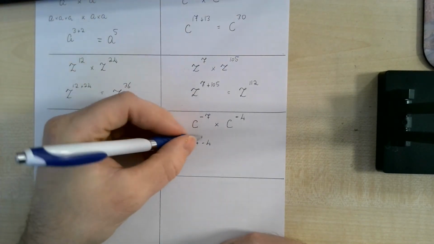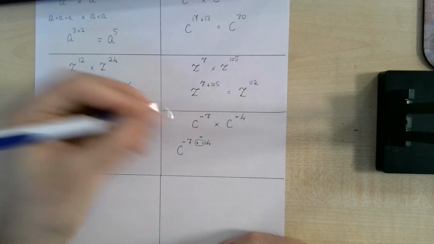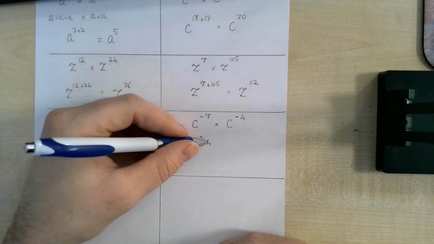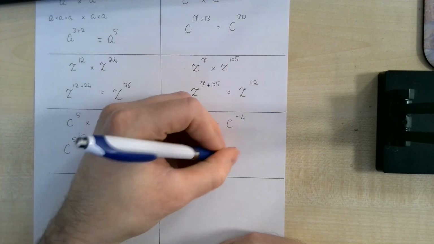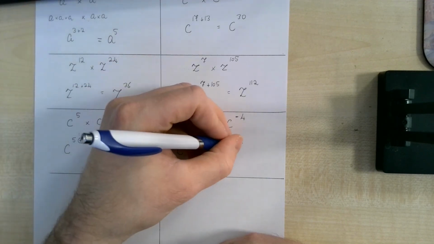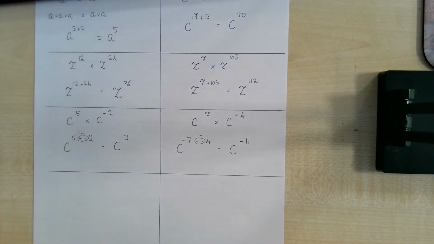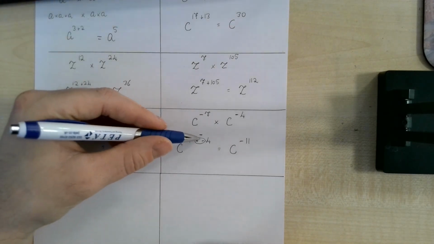Again, a positive and a negative here in the middle combine to just give us a negative. So what I've got now is minus 7 minus 4. Use your number line if you need to. It will give us an answer of minus 11. So it's the same process with negatives, still adding them together. Be careful when you've got different signs in here.